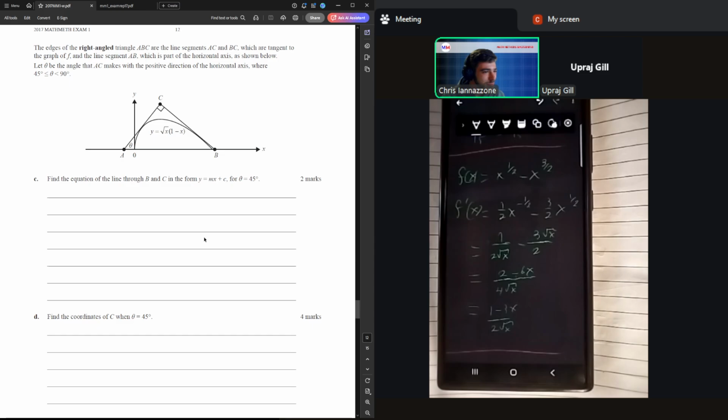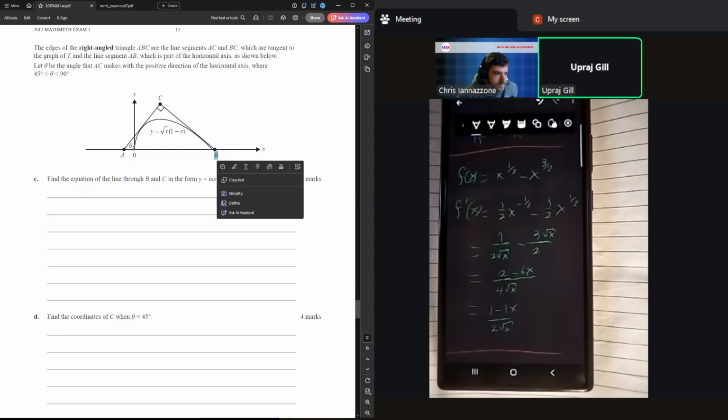Let's see how many of the broad steps, because a lot of the concepts we were talking about were perfectly solid. I just happened to be bad at arithmetic at that moment. Given that, I'm going to walk through this question so I don't make any of the mistakes that maybe you did. It says for theta equal to 45 degrees, that means the angle that the point B makes with the horizontal axis is also going to be 45 degrees.